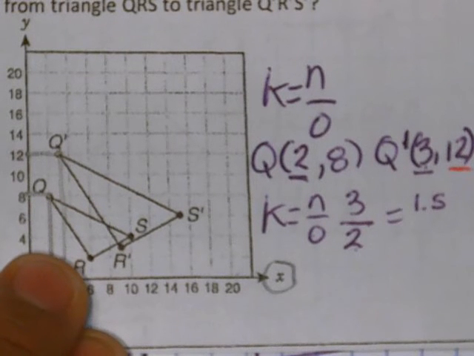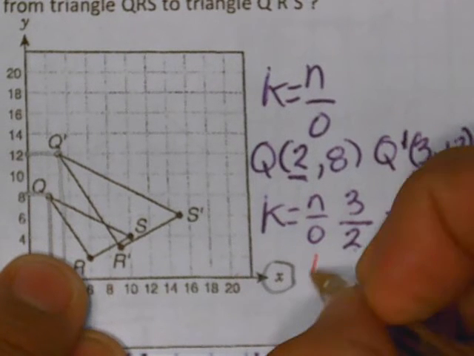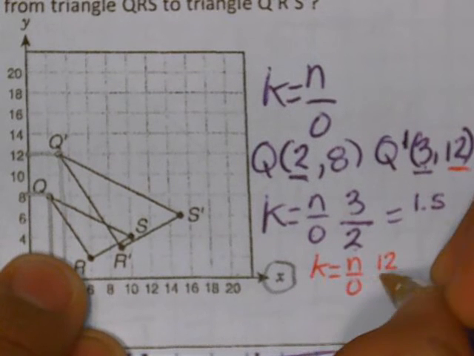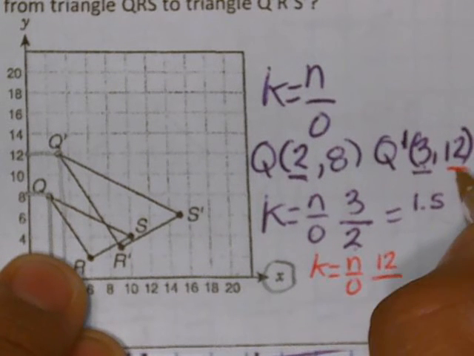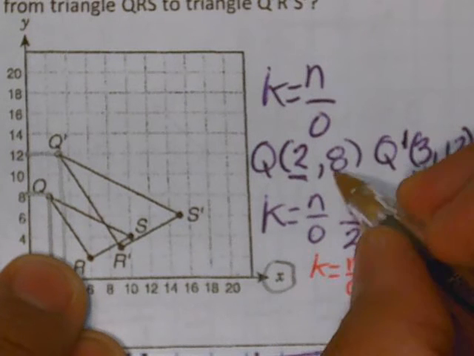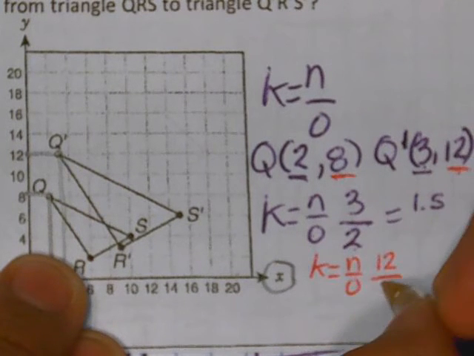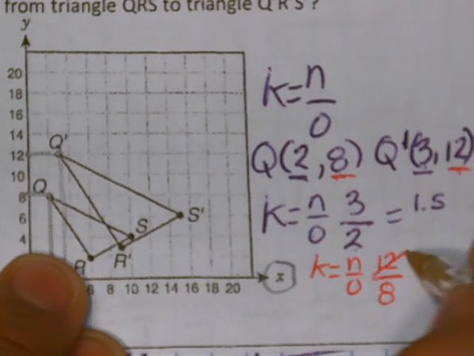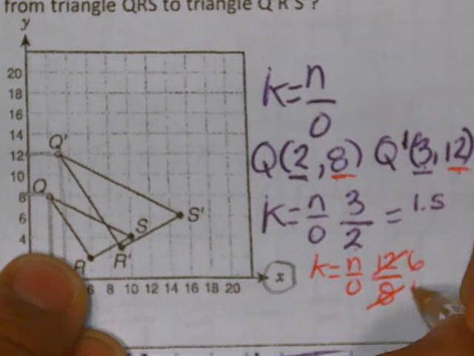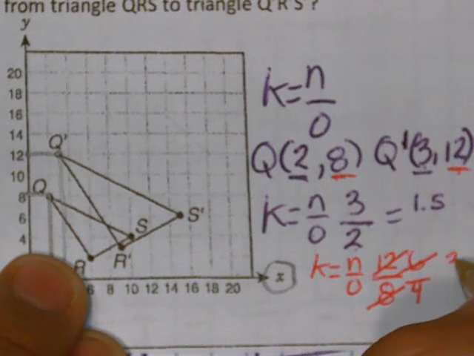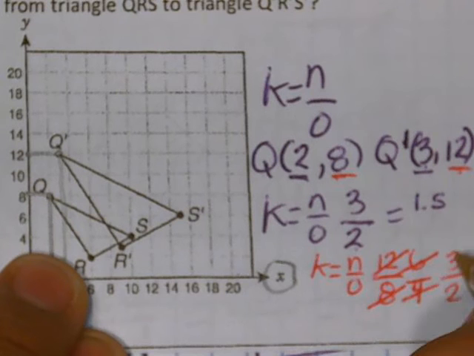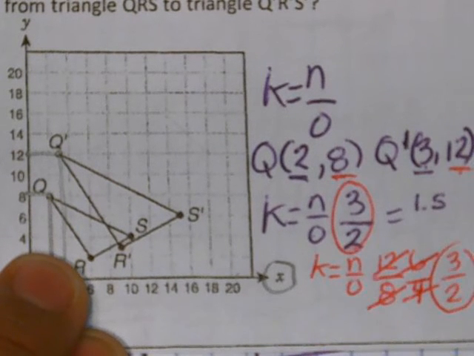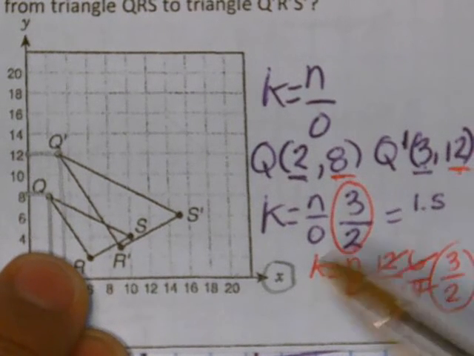What if I pick the Y's instead? If I pick Y, then how much is the new? 12. So then K is going to be new over old again. And in this case, I'm using the 12, and the 12 corresponds to 8. Simplify this fraction. Half of 12 is 6. Half of that is 4. Half of that is 3. Half of that is 2.